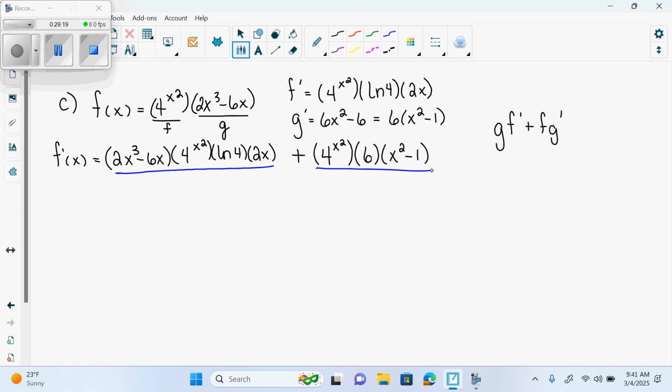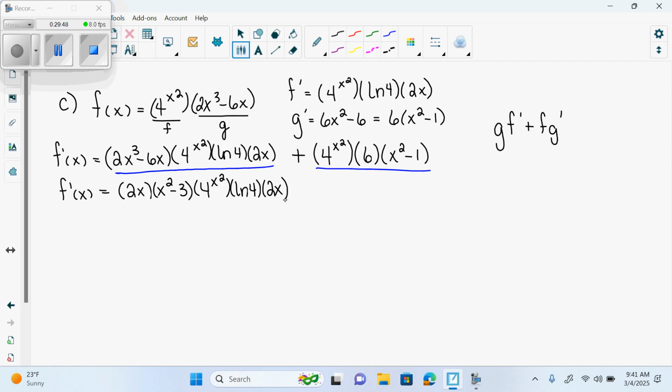The first term in the blue, I'm going to actually take a 2x out of this. I'm going to simplify that bracket first before I try and take out GCFs. So I'm going to go f prime of x equals 2x, and then I'm left with x squared minus 3 times all this fun, 4 to the x squared, ln 4, 2x.